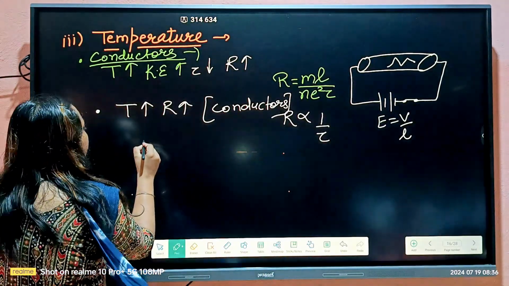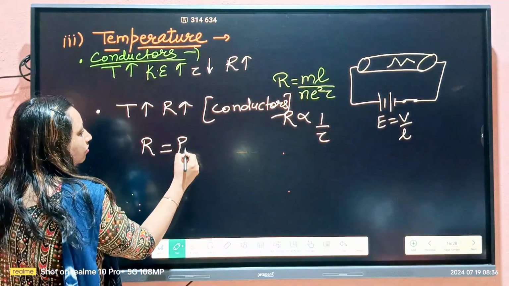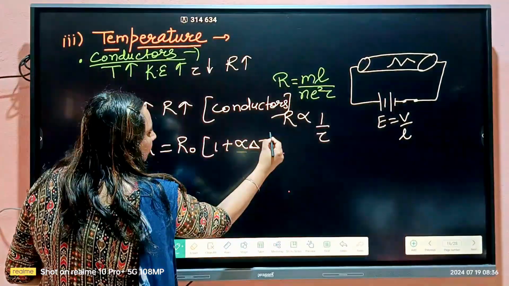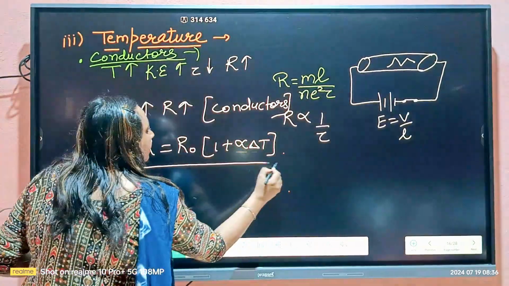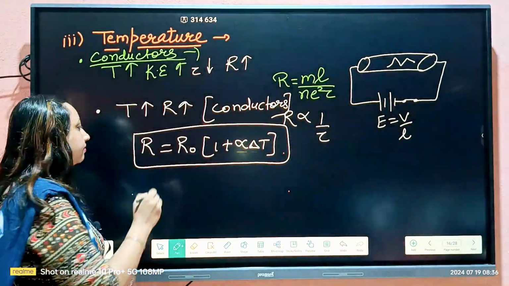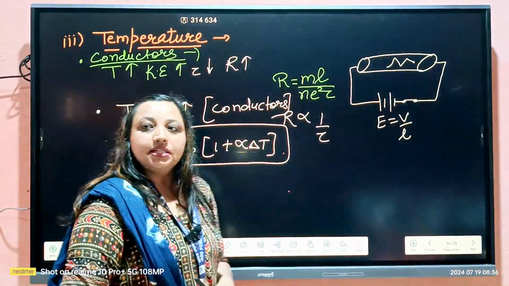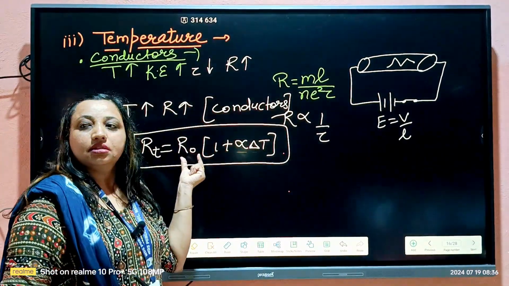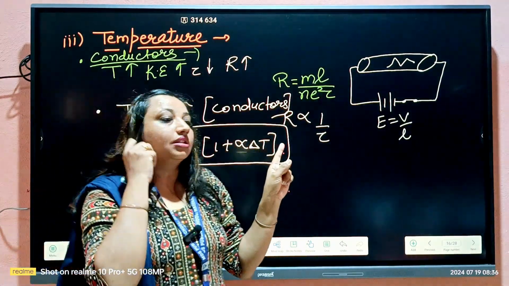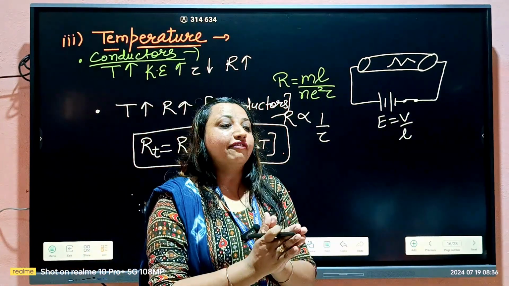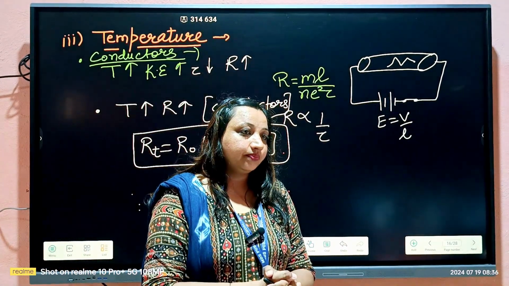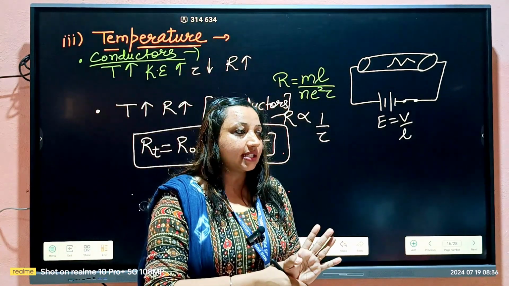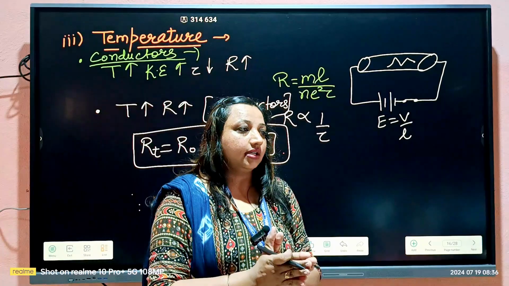What is that equation? R is equal to R naught into 1 plus alpha delta T. In this equation, what is R? Actually RT, the resistance at a particular temperature, and R naught is the resistance at the original or earlier temperature. Suppose we have 5 degrees Celsius temperature. At that temperature, there is some resistance of a wire or a conductor.